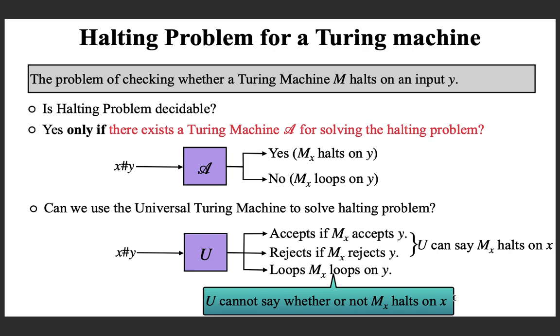That can never be done, because maybe later on it's going to halt, entering either T or R, accepting or rejecting. So that is the difficulty, right? So the universal Turing machine cannot solve this problem. I hope you are getting me.